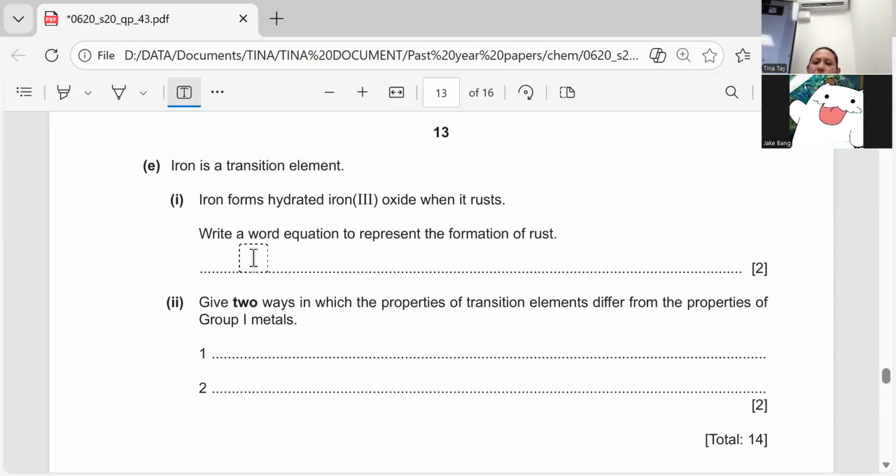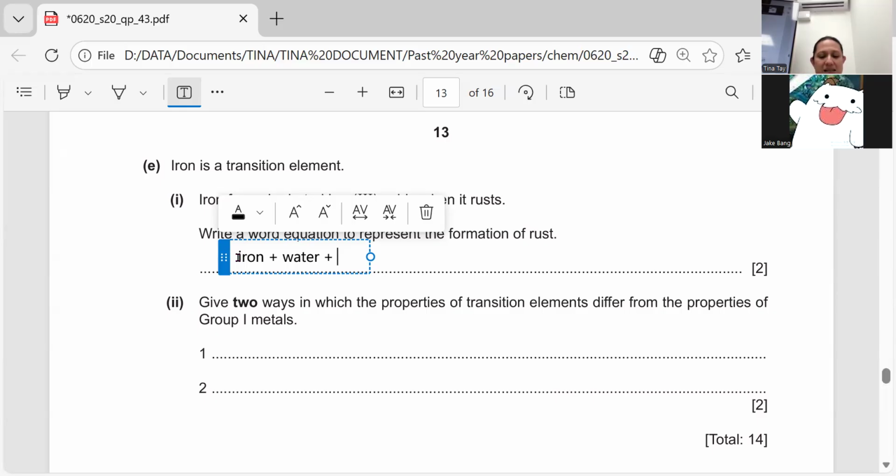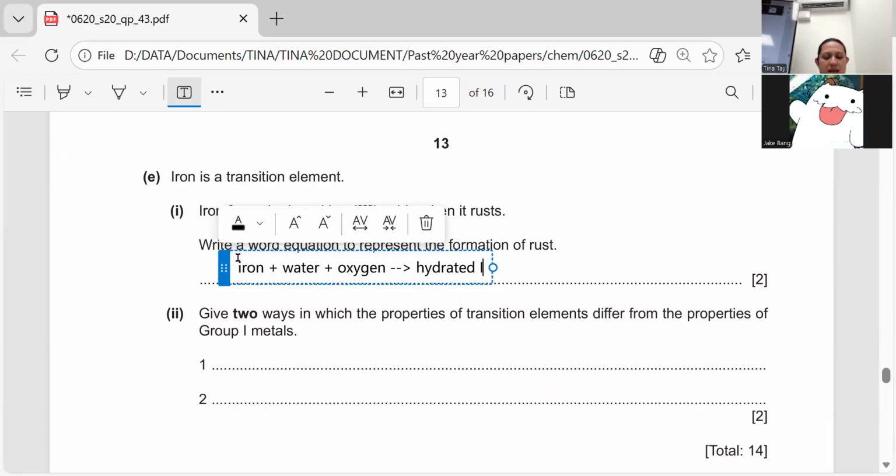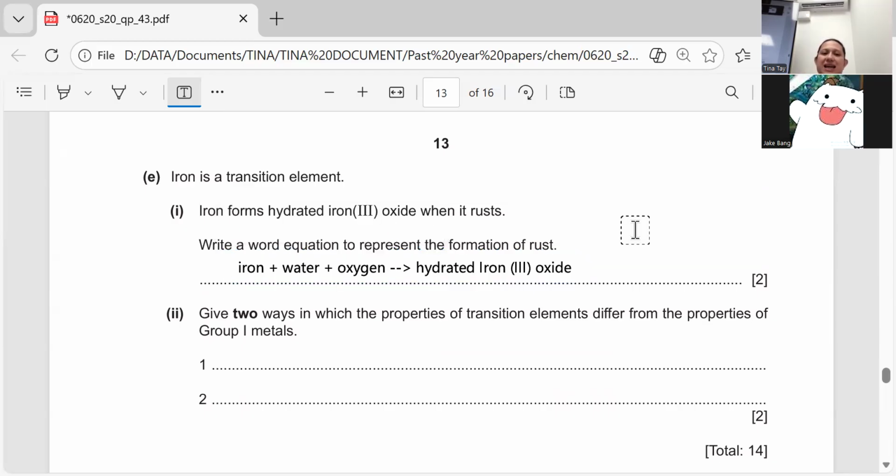Okay, a word equation for the formation of rust. It's iron plus water plus oxygen. If you don't know this, it's really sad. So hydrated iron(III) oxide. Do you need to know the formula of this? Yes.